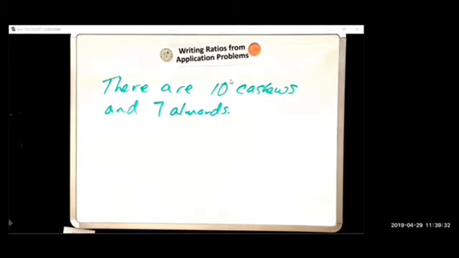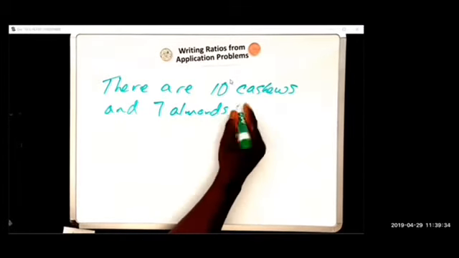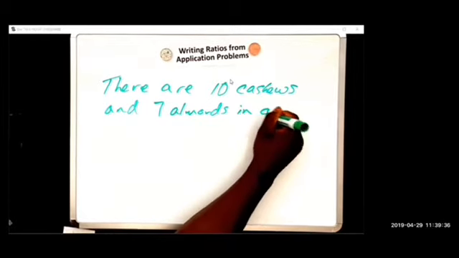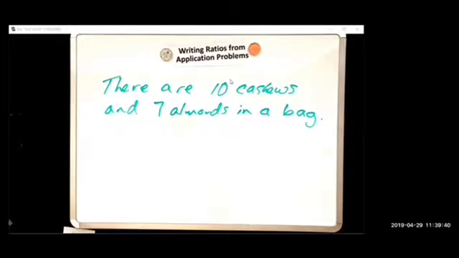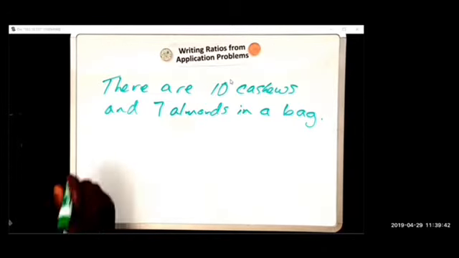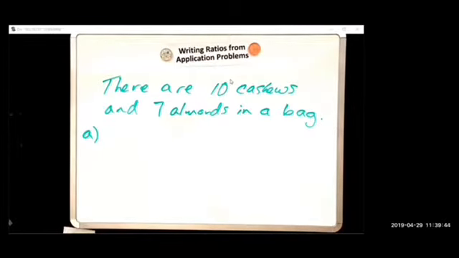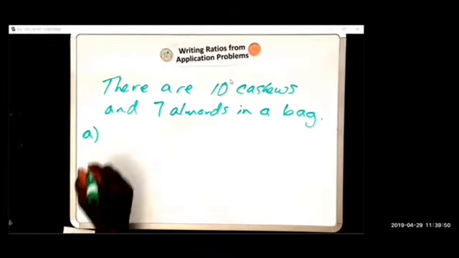Okay, and they're in a bag. All right, so we have a part A and a part B. Part A says, what is the ratio of cashews to all the nuts?